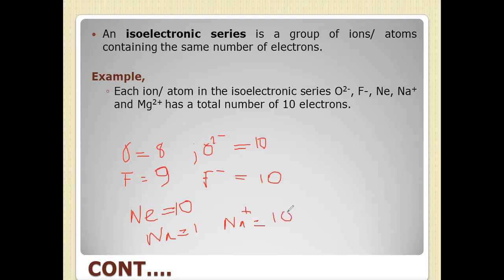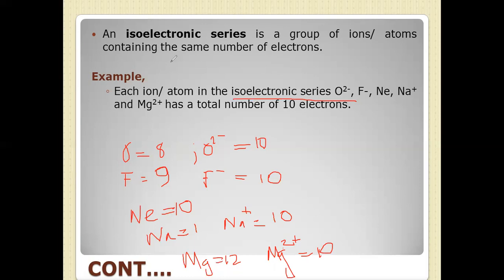Your magnesium has 12, losing 2 electrons, becoming 10 electrons. So this is what they are telling: though they are different species, they have the same number of electrons, and that is what they call an isoelectronic series.